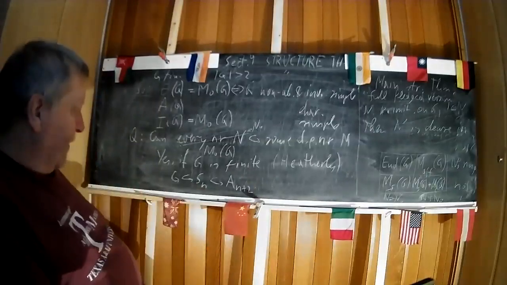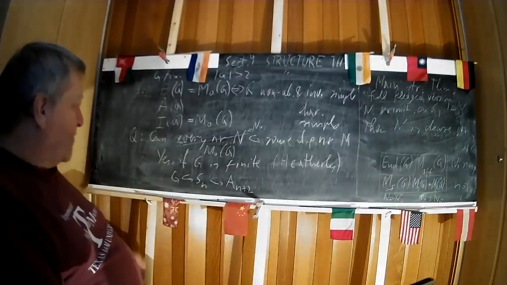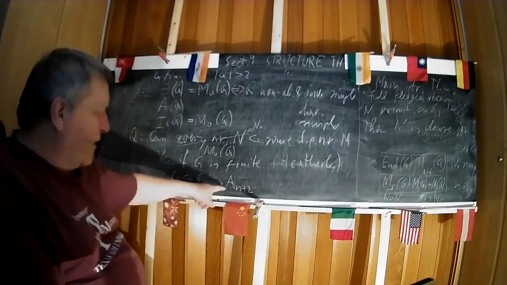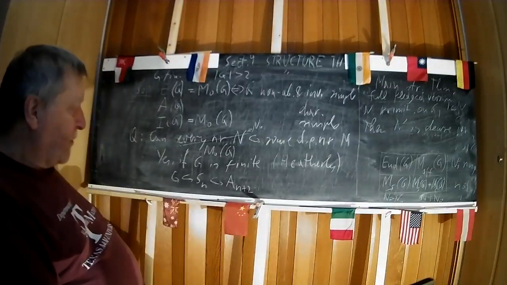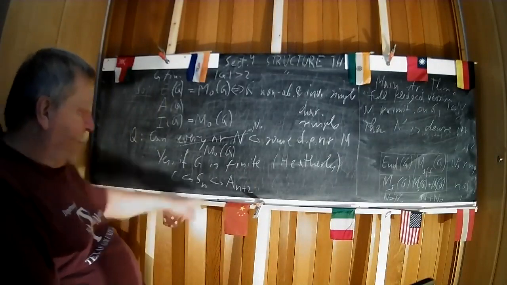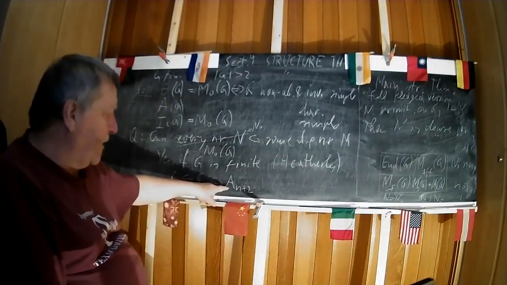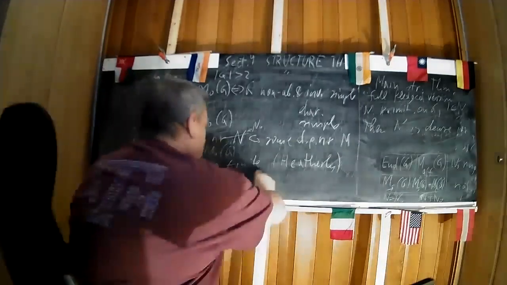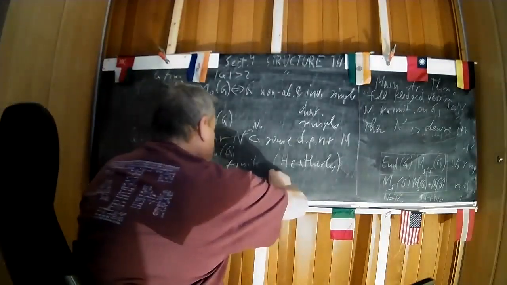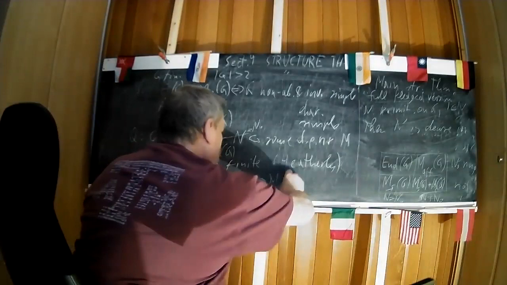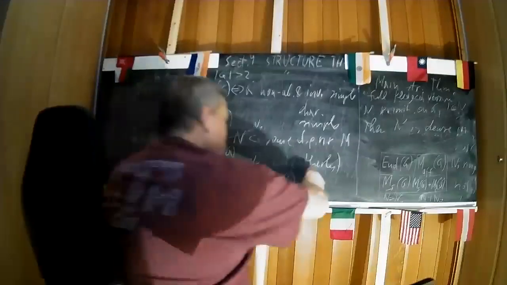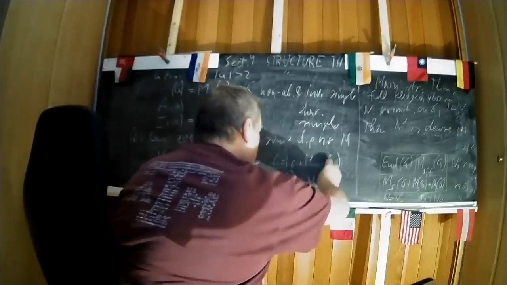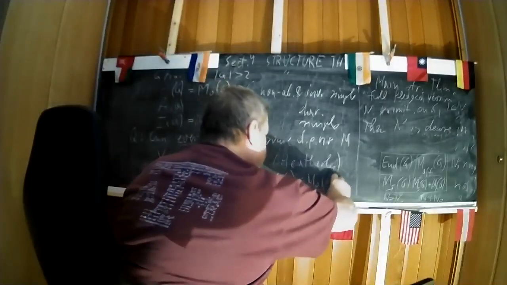That's not very hard to see. And so M of G can be embedded in M of A sub n plus 2. And this is a simple nearring. So M sub naught of G can be embedded into M sub naught of A sub n plus 2.